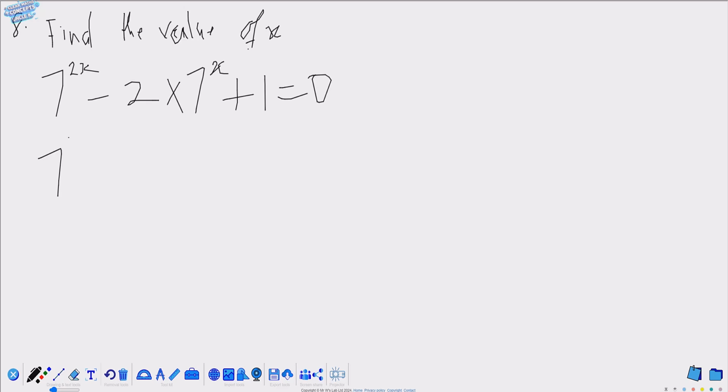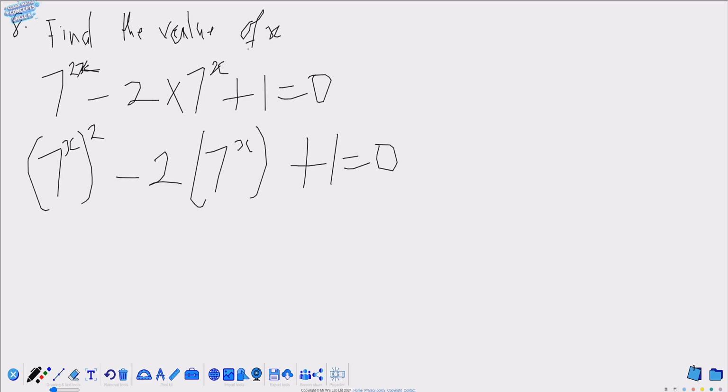Okay, so we can say 7 raised to power x, raised to power of 2. The moment you see a question like this, you know what to do. This kind of question, this is how you approach it. So minus 2 times (7 raised to x) plus 1 equals 0.